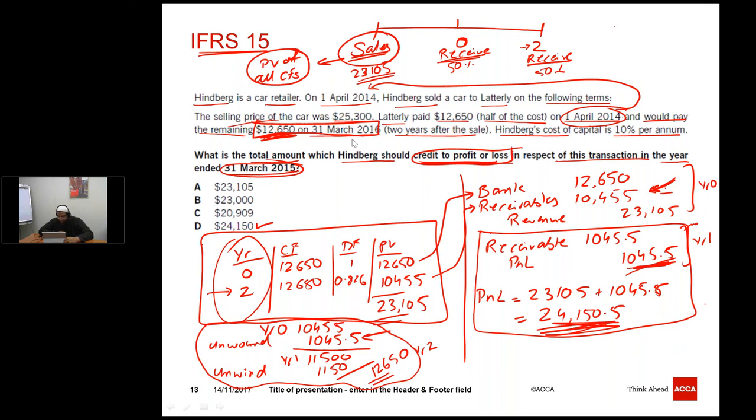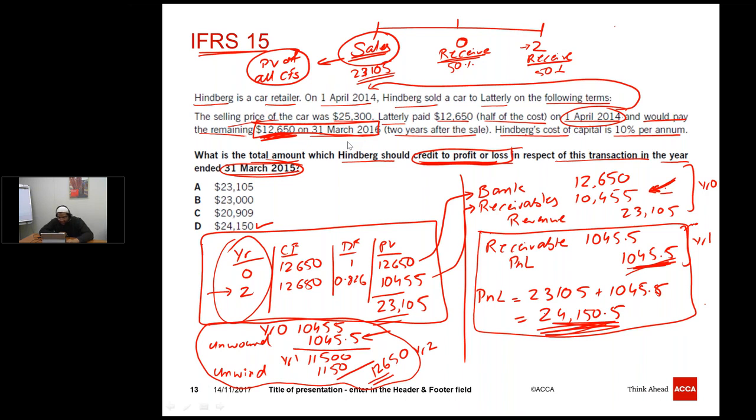Yes, Simran, 23105 is at year 0, and then 1045.5 is at year 1, so the total would become the answer of this question. Yes, because year 0 is also part of year 1, Simran. Year 0 is start of year 1 and year 1 is end of year 1. Both are year 1 in actual. So both will be recorded in year 1.